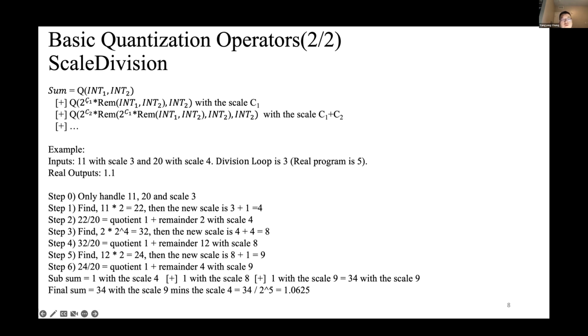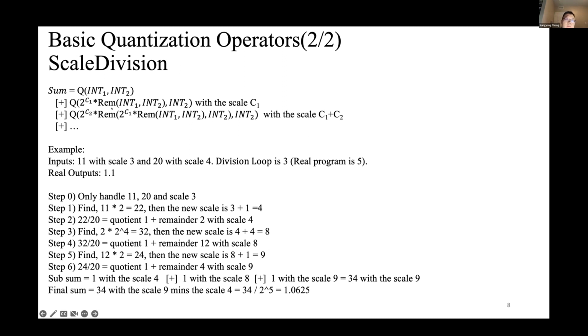Remainder times another 2 to C1, in other words, to make it larger than integer number 2, and we will get the quotient again. But this quotient will have the new scale value called C1. Then we use the same procedure to get a new quotient. And if we have enough quotients, we will get a very good division value.